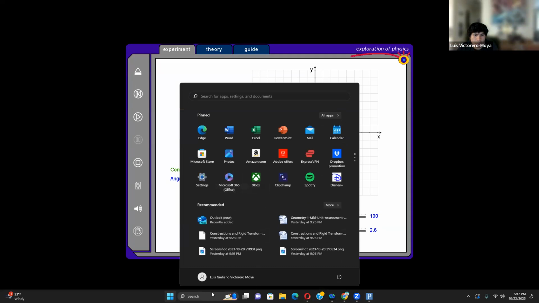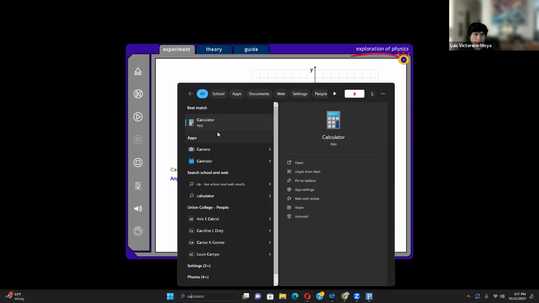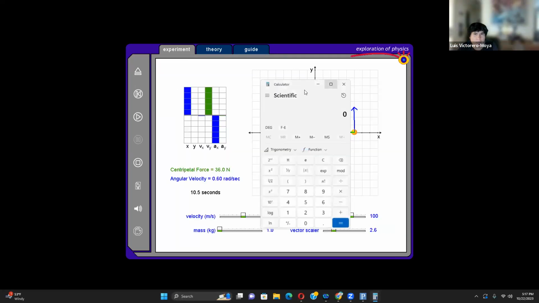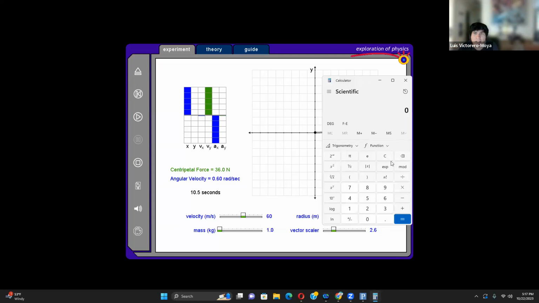So if I were to do it very quickly, just to show you one try, and you will do this 5 times. So you can change the acceleration, so you get different values, but basically 2 times pi divided by the period, that's my angular velocity.